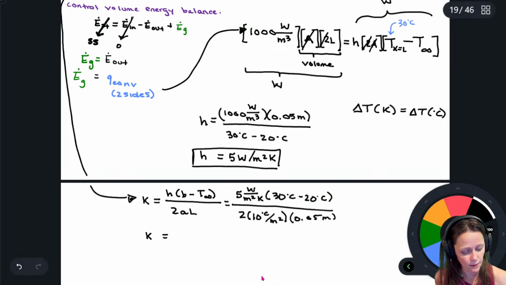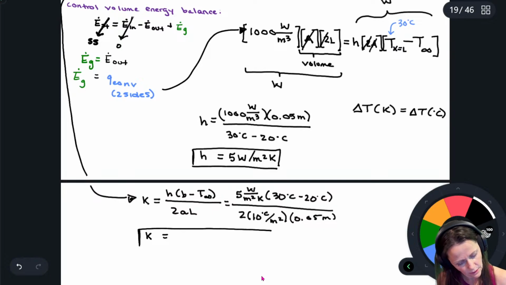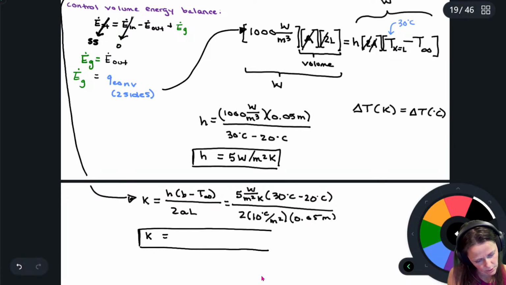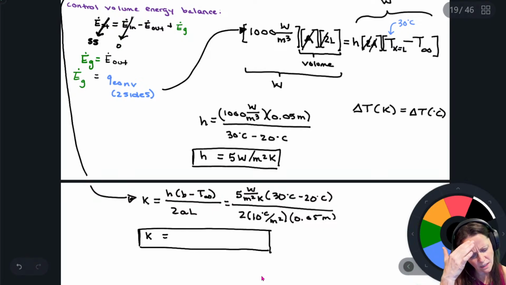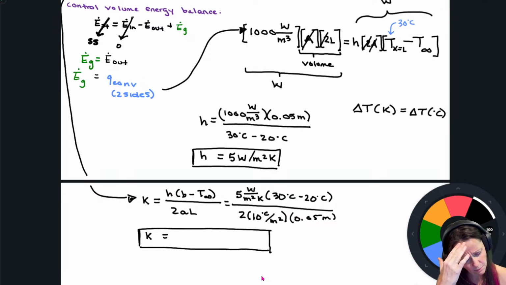You should be left with a number. 2 times 1, is that 50? So you've got 10 on the top, 10 on the bottom, that cancels out, and then you've got 0.1. So it's 5 divided by 0.1. That's 50, right?